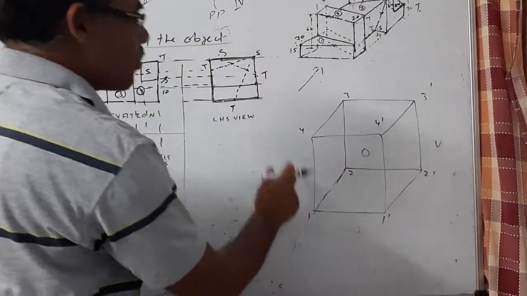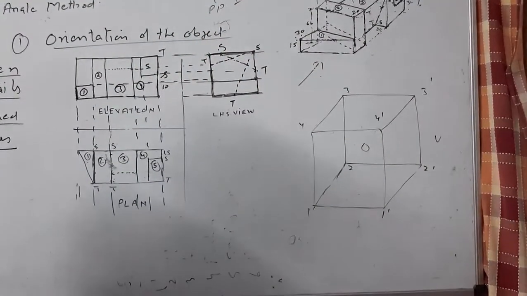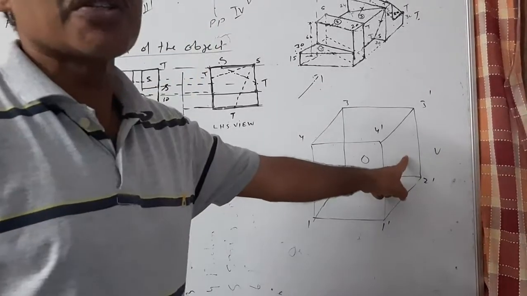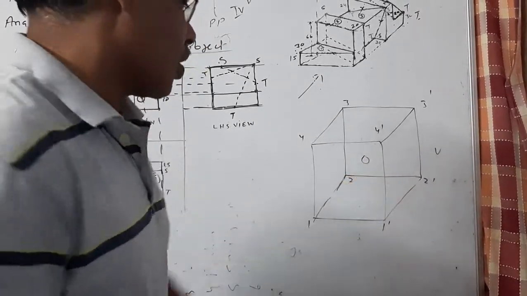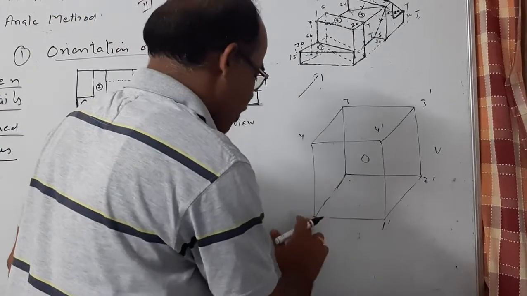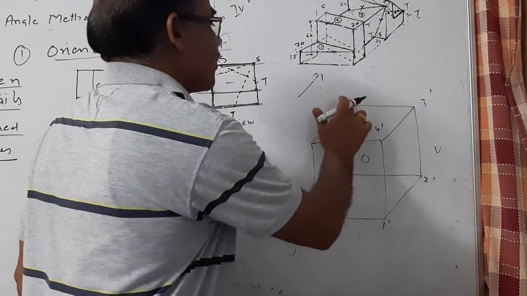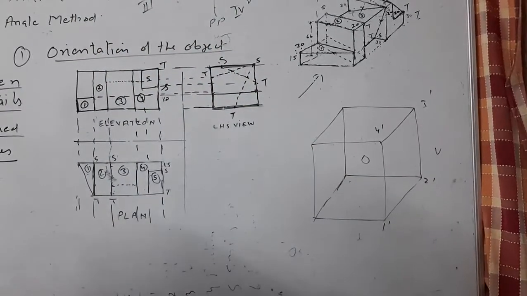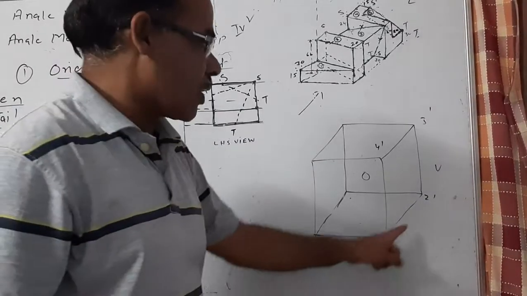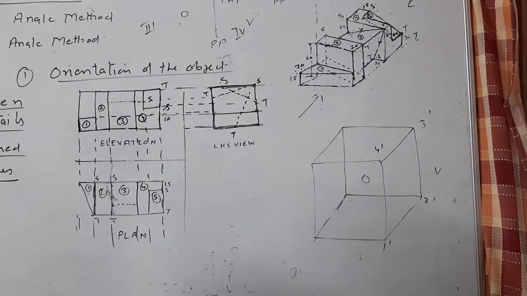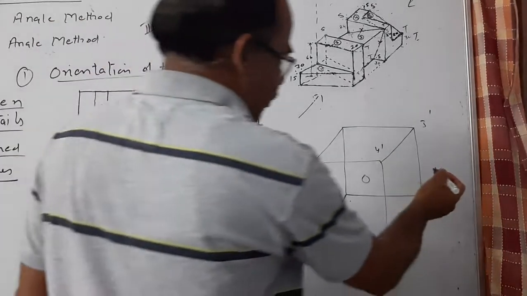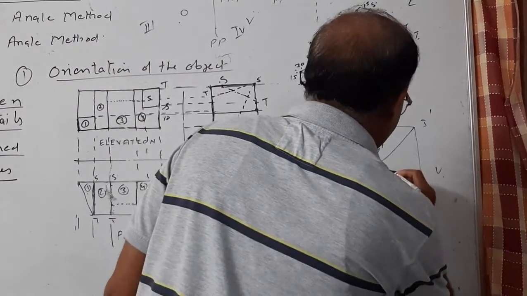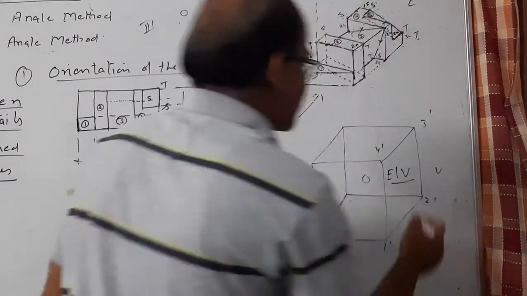So this won't be the projection plane any longer, and this is a transparent sheet, so the viewer can view the object. So I am just rubbing all these previous numbers previously drawn. So now our projection plane is this. Then viewer will view the object and on this surface elevation would be projected.